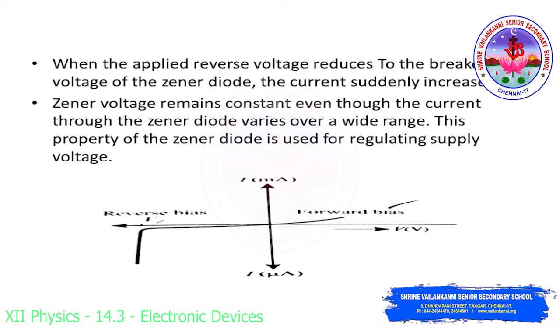In other words, the Zener voltage remains constant even though the current through the Zener diode varies over a wide range. This property of the Zener diode is used for regulating the supply voltage, as a voltage regulator.